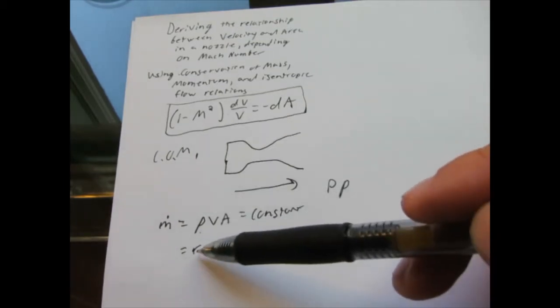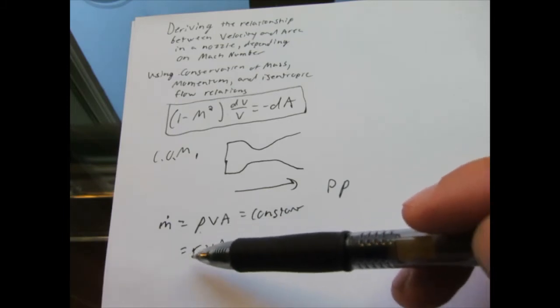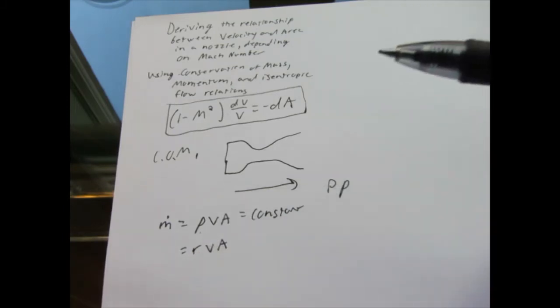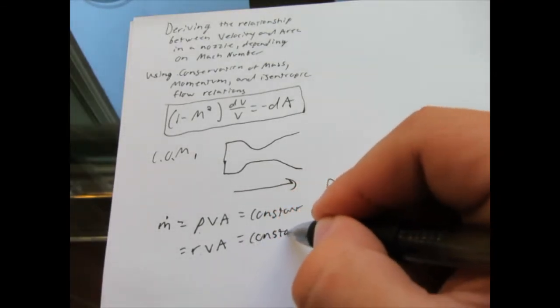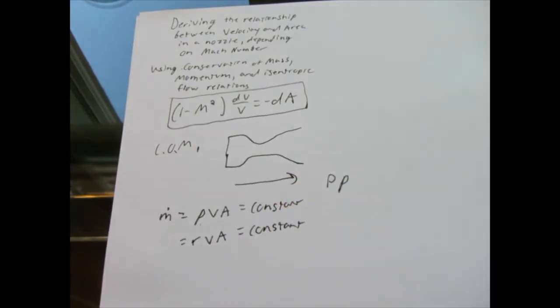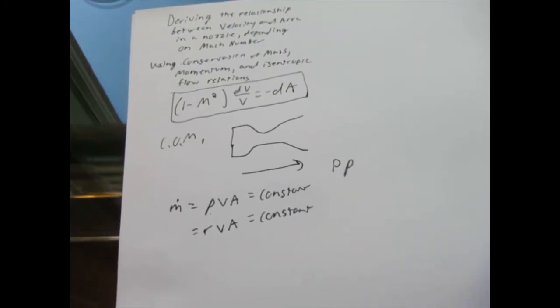So for density I'm just going to be using R the rest of the way. So this equals constant. If you see R in the rest of this video, that means density.